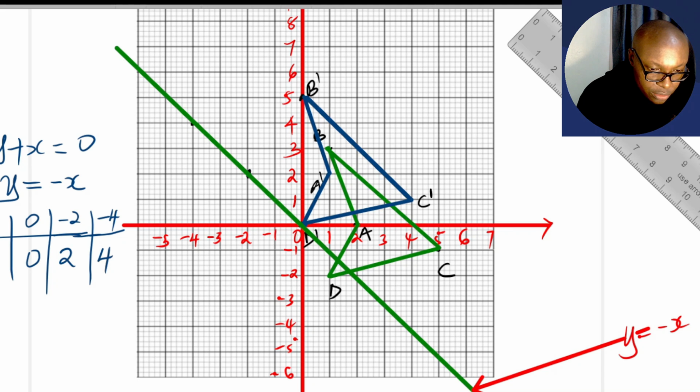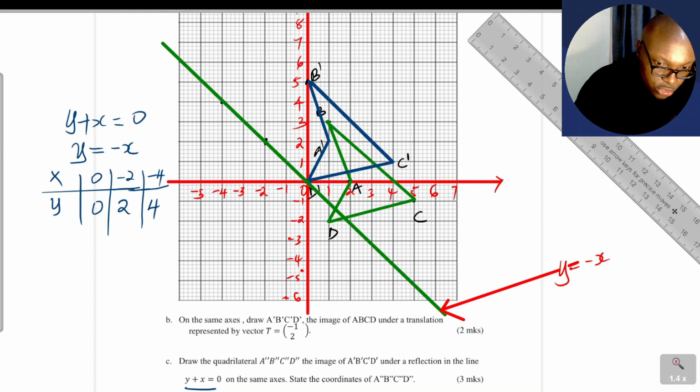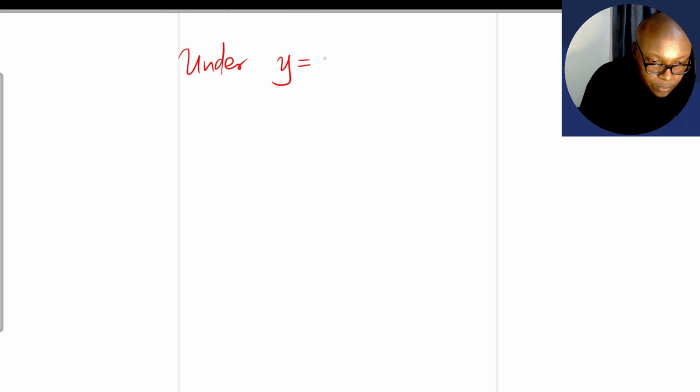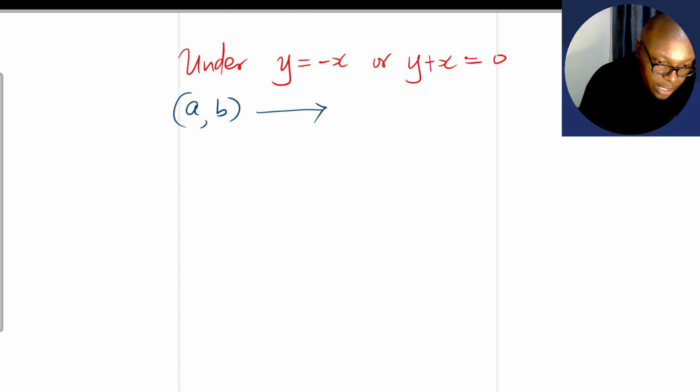The best way to work this out is to know one important concept: under a reflection in the line y = -x, which we are writing as y + x = 0, if you have an object point (a, b), it will become (-b, -a).